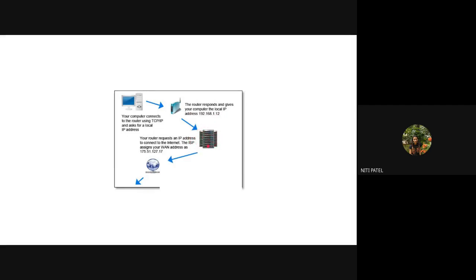Once the IP address is assigned, you will use that IP address for further communication with the other devices or with the servers. So initially you do not have an IP address, you connect to a networking device. That networking device will further connect you to some server. The server will provide you the IP address and then you will use that IP address for further communication with the server or with any other kind of resource.